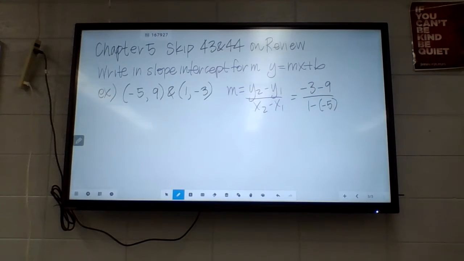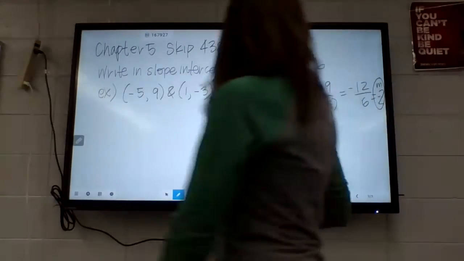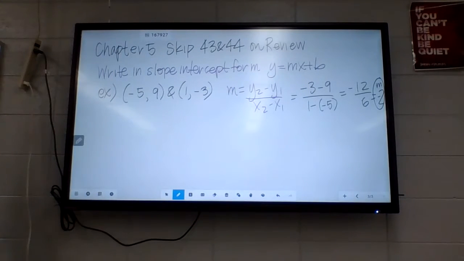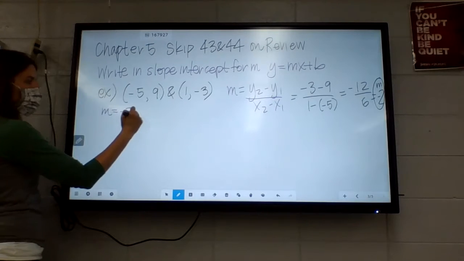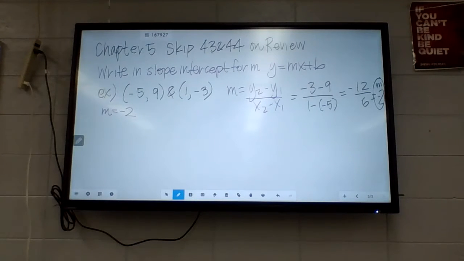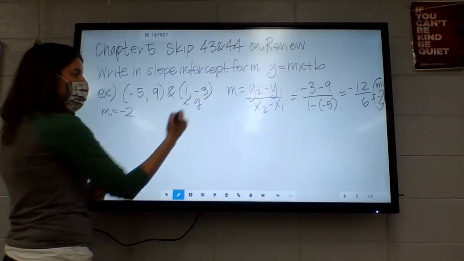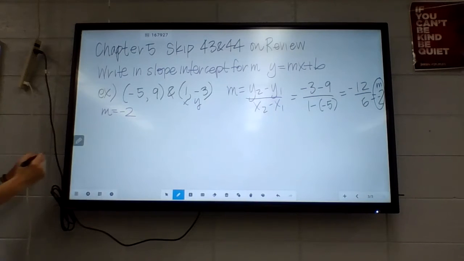So I'm putting those values in, and I end up with my slope being -2 when I simplify that. Then once I know my slope is -2, I'm going to choose one of these 2 points as my x and y, and it doesn't matter which one I choose.